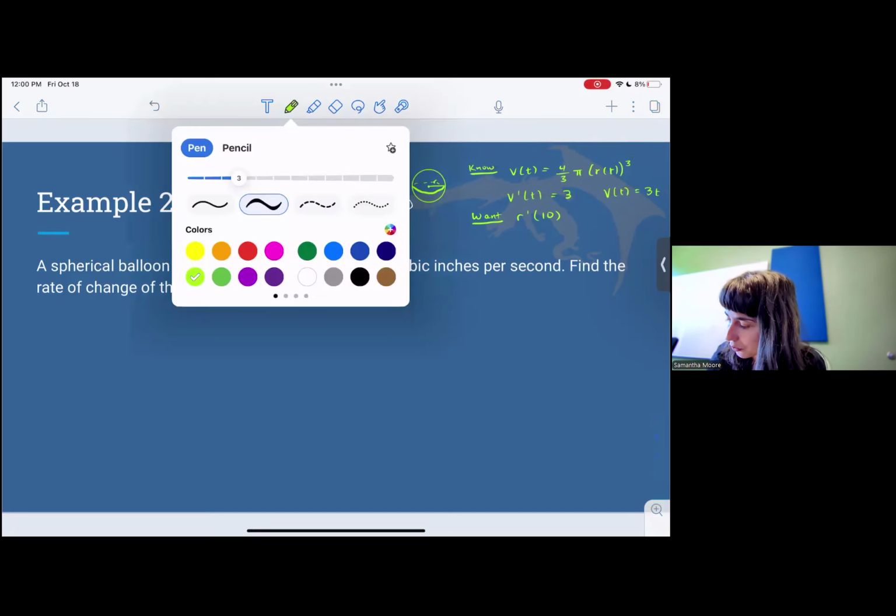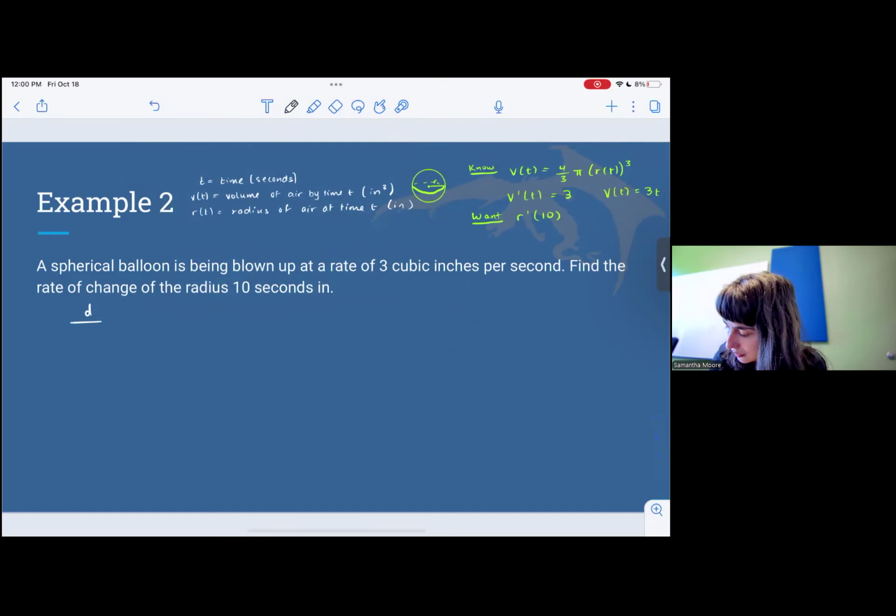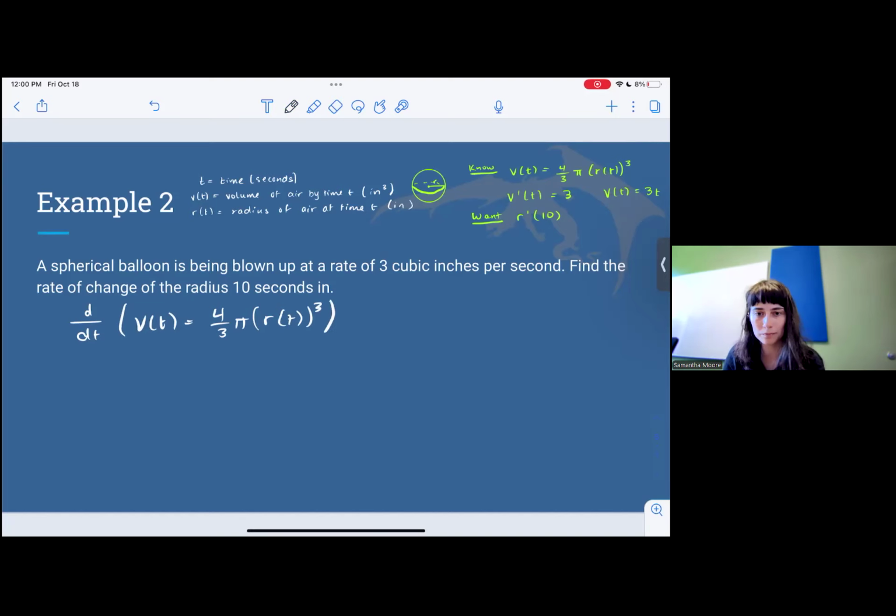So I'm going to do d/dt of V(t) equals 4/3 pi times r(t) cubed. So I'm going to need to take the t derivative of both sides of this equation.